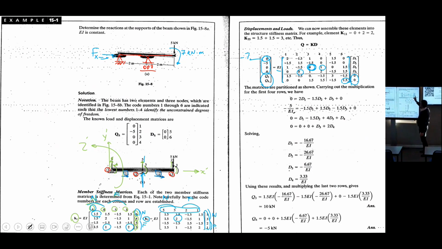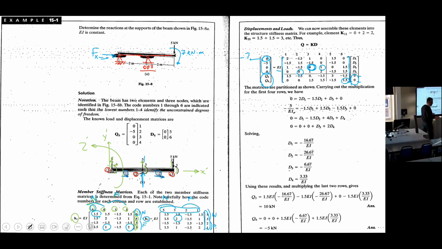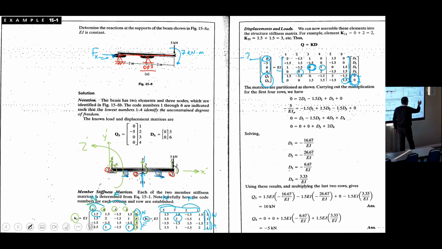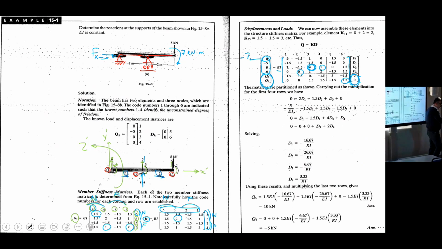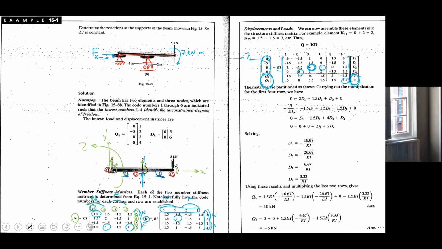When you have some support, the deformations are 0, known, and the forces are unknowns. You need to calculate them later on. For support, we have unknown support reactions and known displacements.